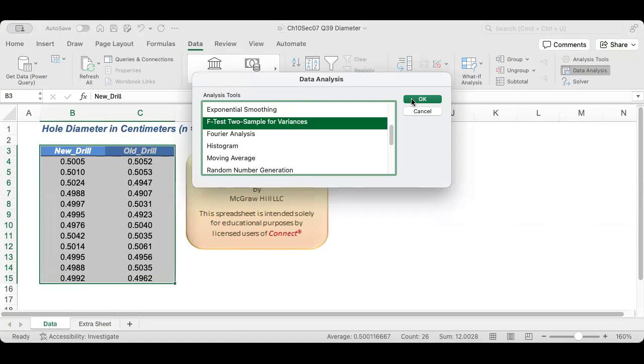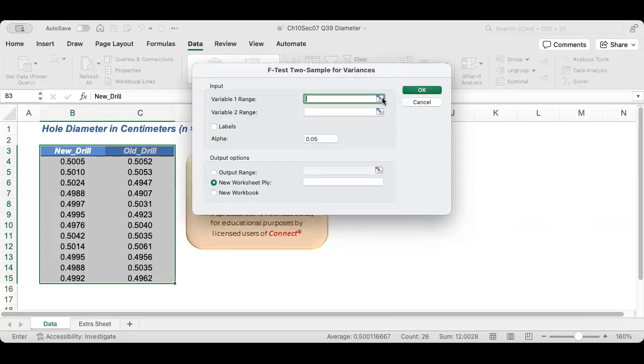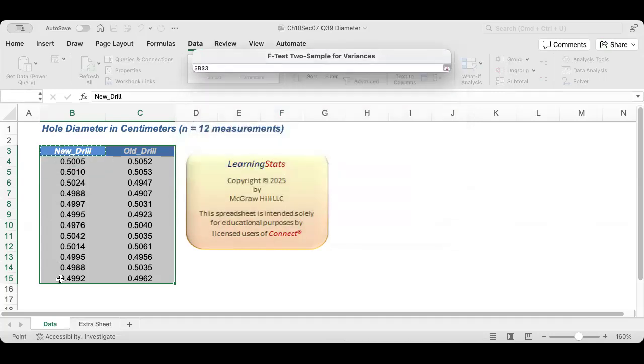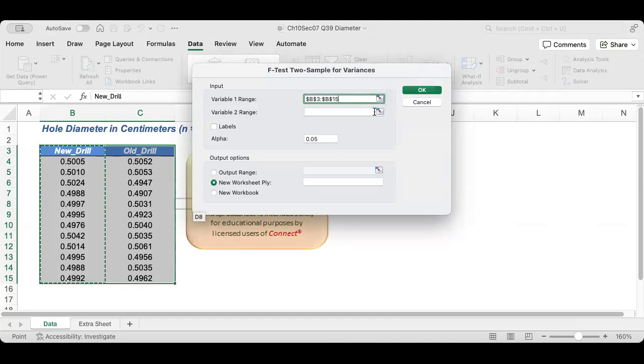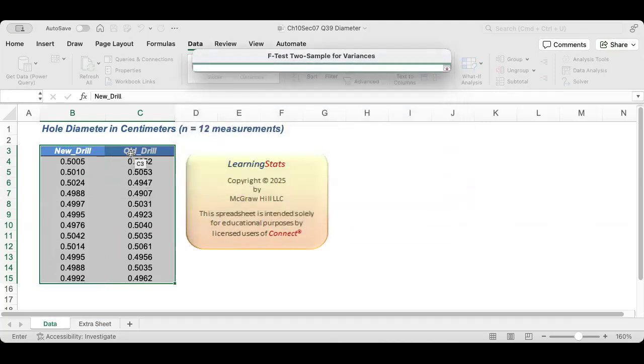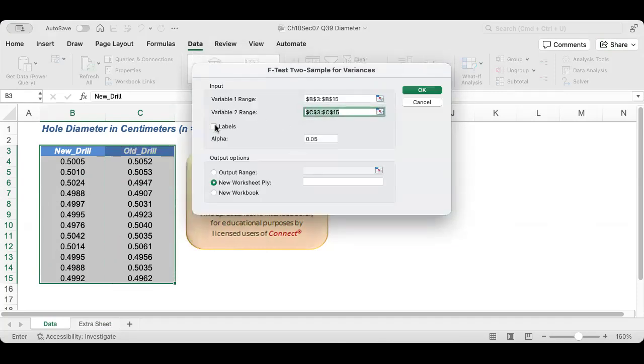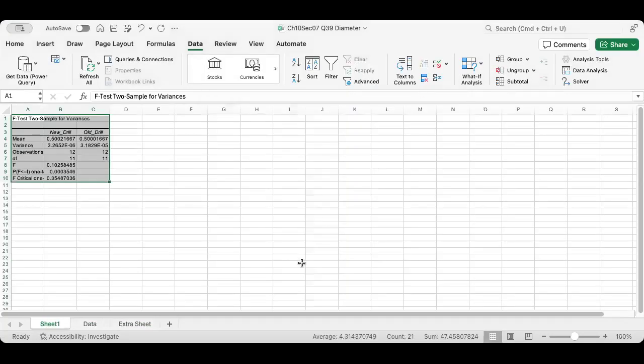So, okay, variable 1, there's variable 1, variable 2, there's variable 2. Yes, I put the labels on there. Alpha is 0.05. And I'm going to put the answer in a new page, and it does this.